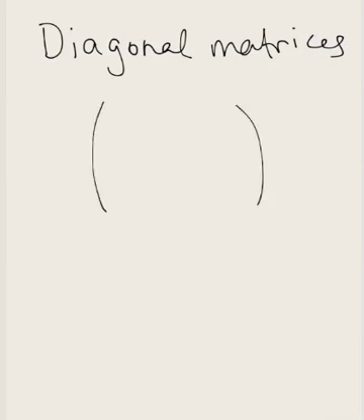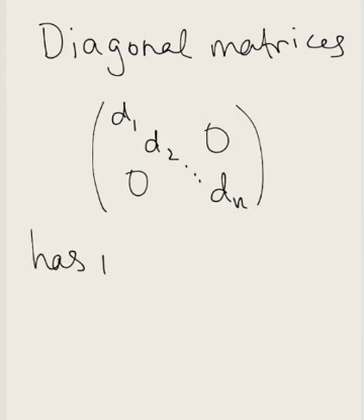You have entries on the diagonal, and zeros everywhere else. And here is a really simple criterion for whether the matrix has an inverse. You have an inverse for the matrix if and only if all the entries on the diagonal are not 0.